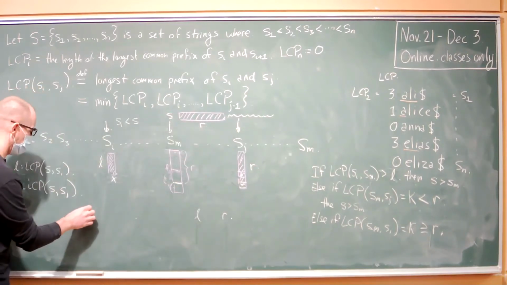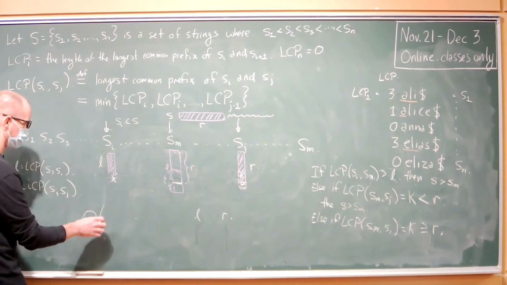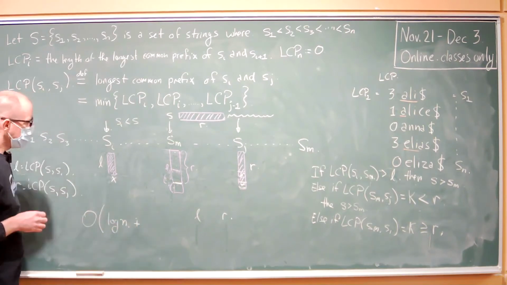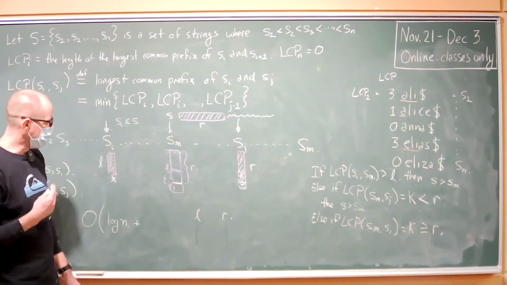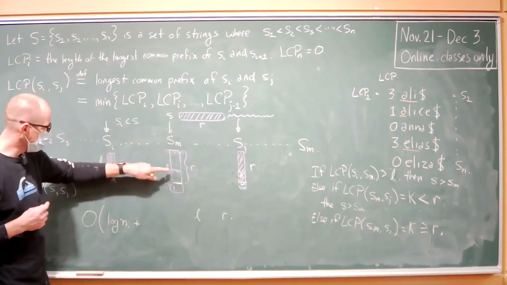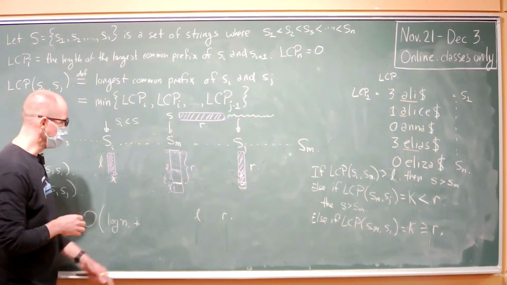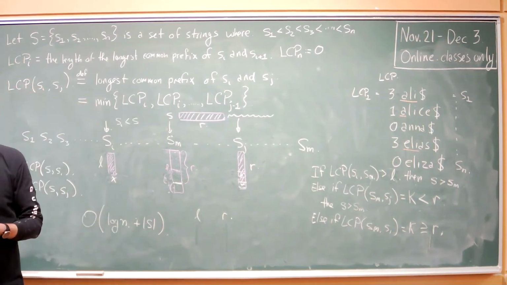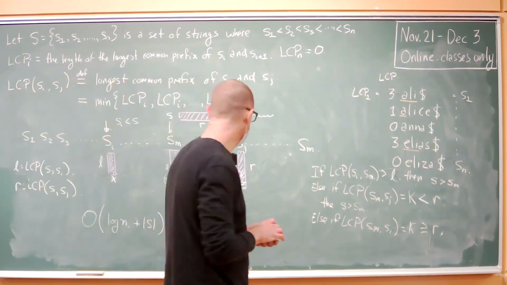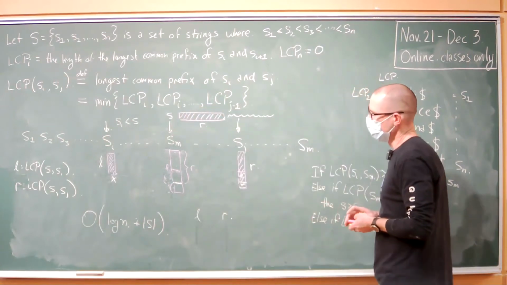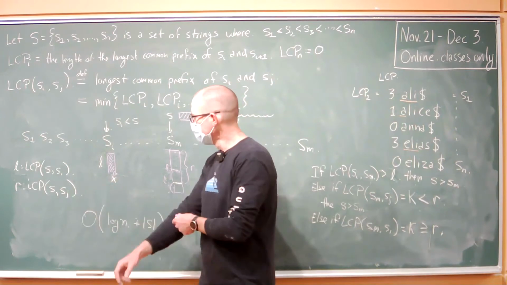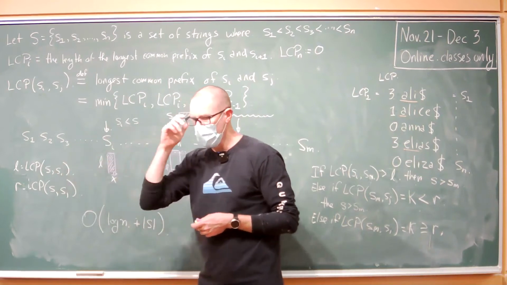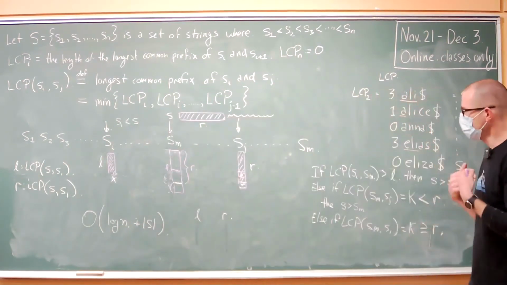So the number of rounds is log n, and the time that I spend over all rounds increasing the values of L and R, which is just doing comparisons here, is only 2 times the length of S. So it's log n plus the length of S. So if you have one of these LCP structures that lets you answer what's the longest common prefix of SI and SJ, then you can use that to speed up your binary search.